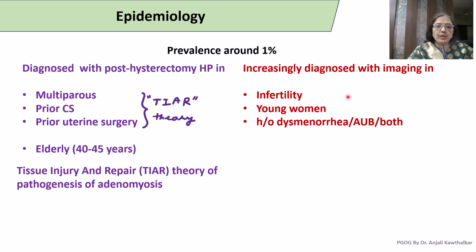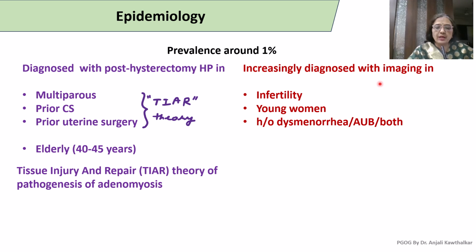In these women, pre-operatively before hysterectomy, we are able to diagnose it in the last few decades with the help of imaging. So relatively it is a new entity in gynecology. As compared to leiomyoma, recognition of adenomyosis as a separate entity is not a very old concept. It is relatively new.